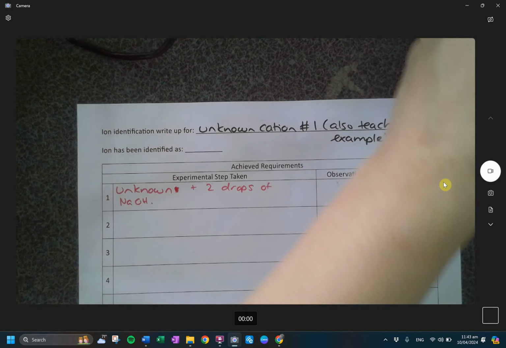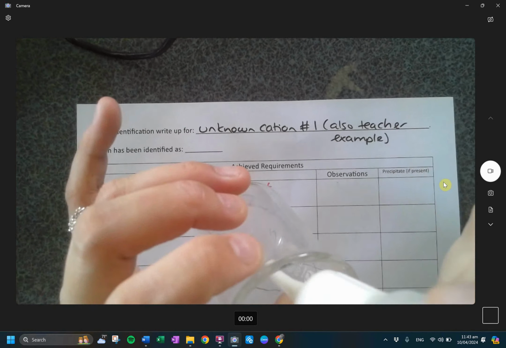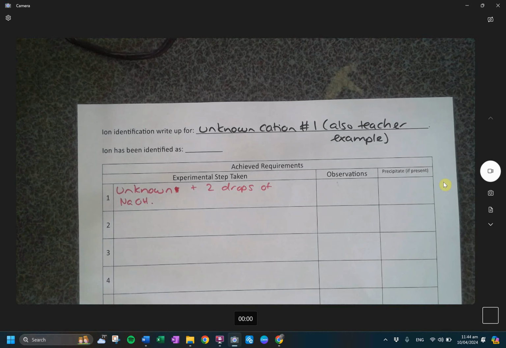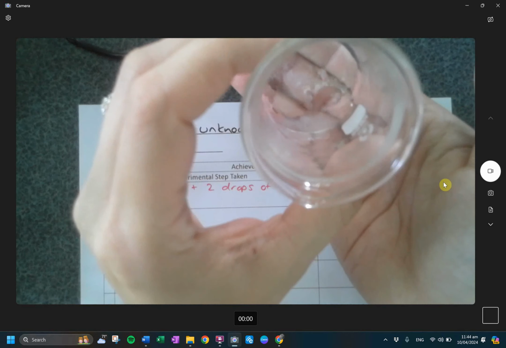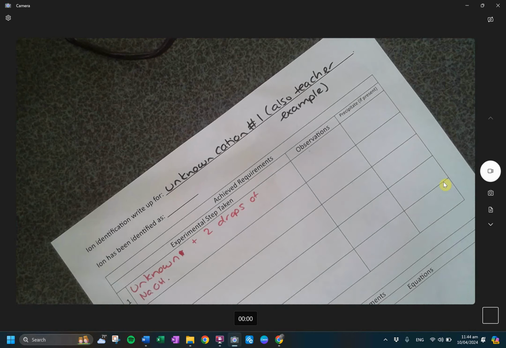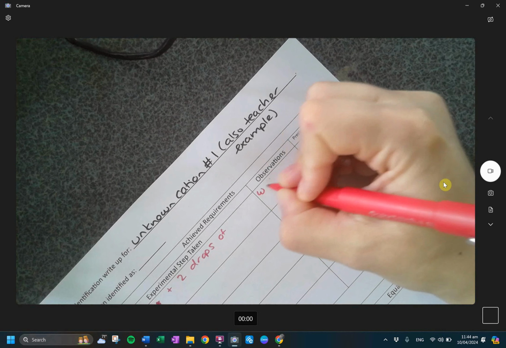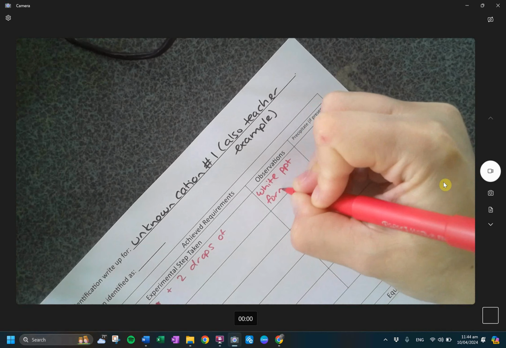Okay, so add 2 drops, 1, 2, and I can see a white precipitate forming. It's kind of a jelly-like one. Agreed? Okay, so for observations I write down white precipitate forms, or white PPT forms.